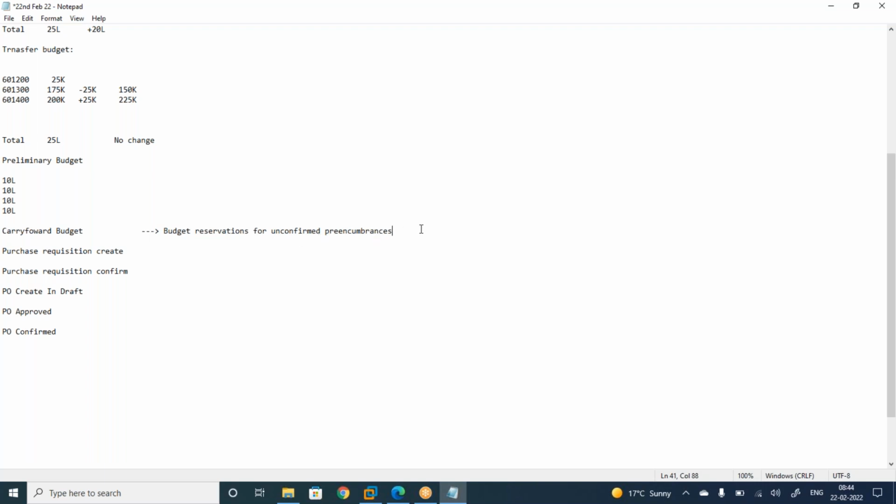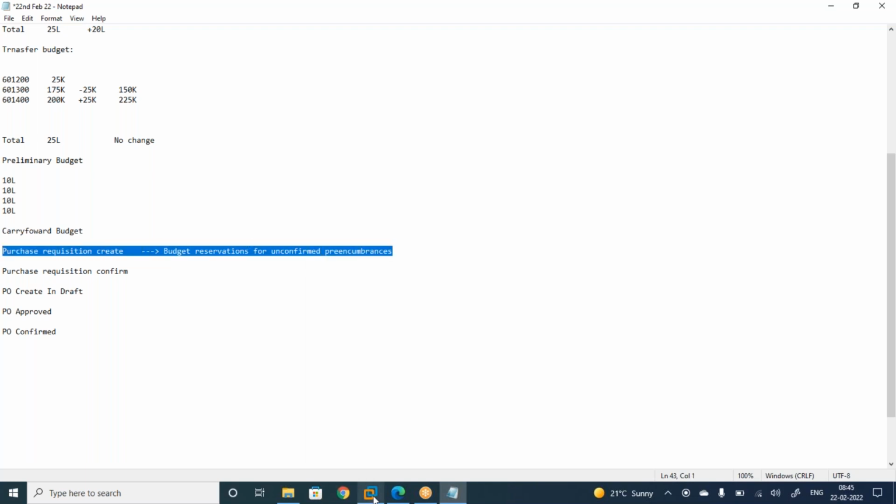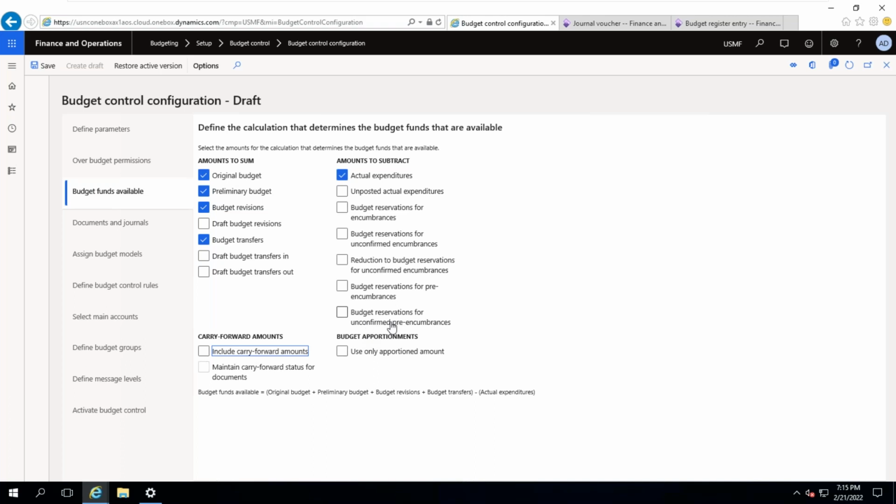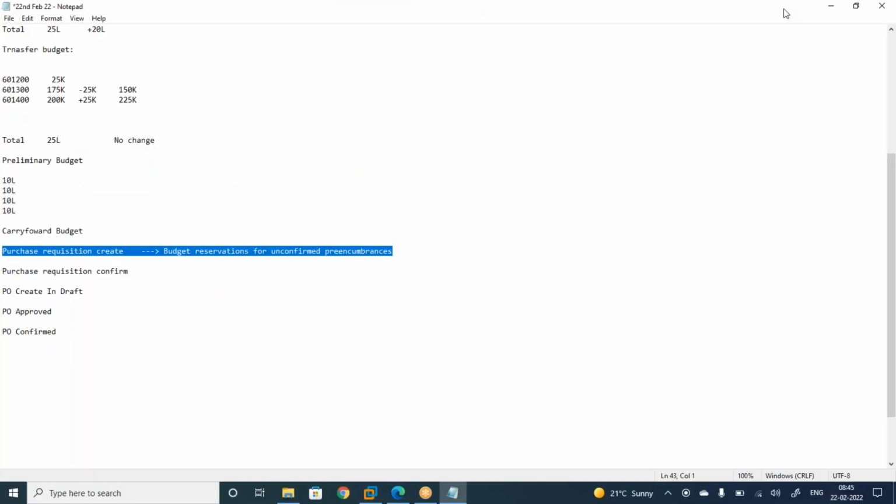This one, not this one. Here, second line. At the time of purchase order creation, the system will verify whether the budget funds are available. That is this checkbox. Understood? Any confusion?